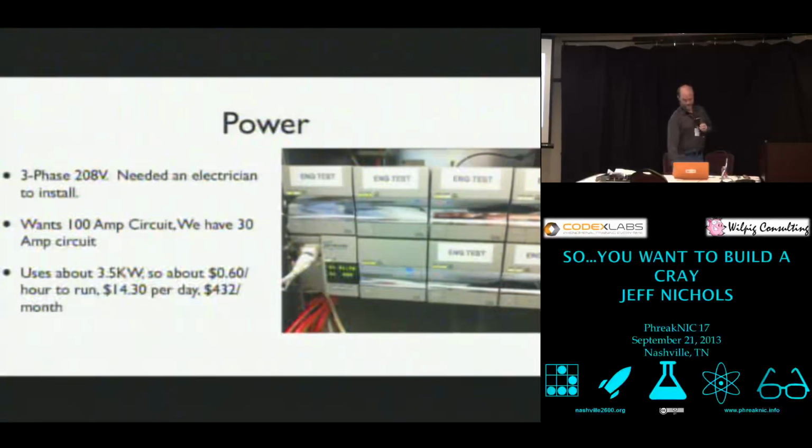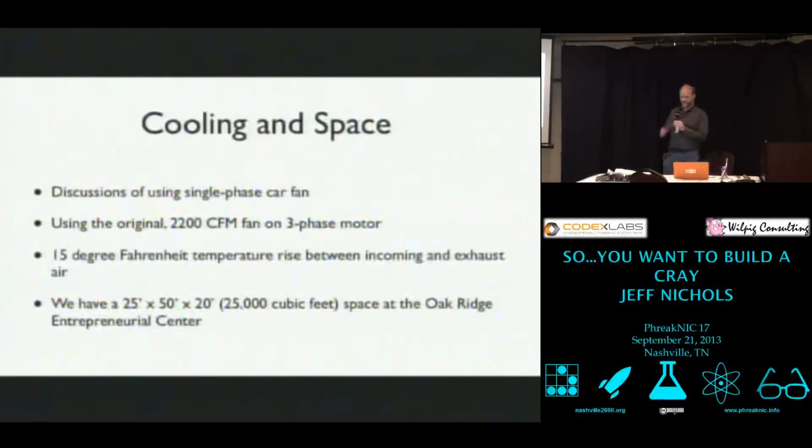Okay, so cooling. Another of the discussions that was going around was how are we going to cool this thing? And it's like, well, we could use a single-phase car fan, you know. And so there were just all these crazy things going around. We were able to use the original 2,200 cubic foot per minute fan on a 3-phase motor because we did get 3-phase power.